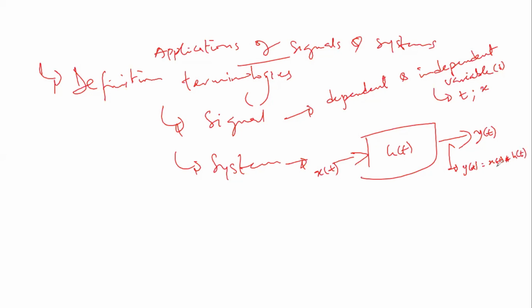We didn't stop there. We also went on to say signals could be either single variable or multiple variables. And I just mentioned either independent variable or variables. And then we also said that these signals and systems could be classified as either continuous or discrete.